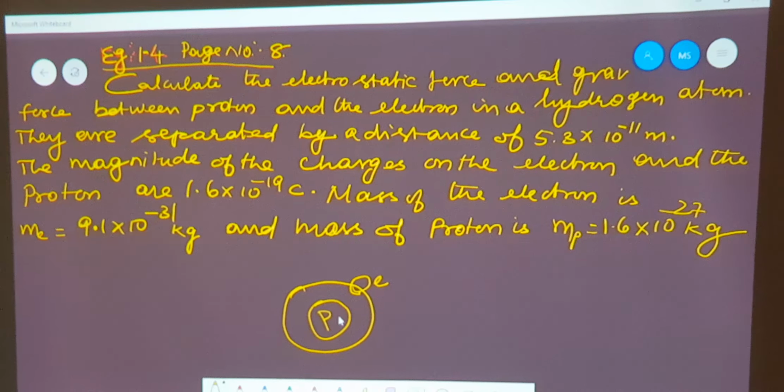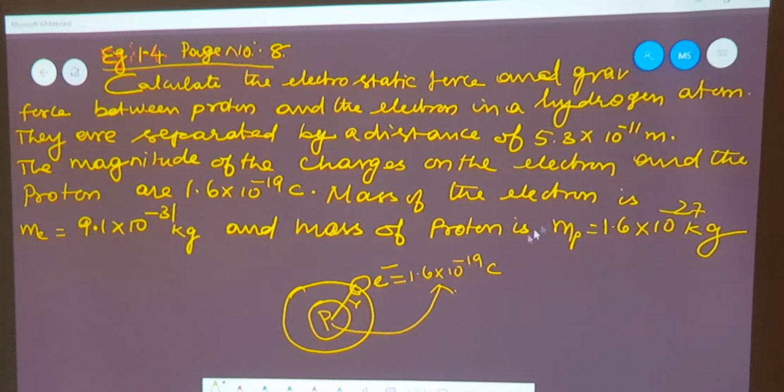So this is the electron, this is the proton, and they are separated by a distance. Let us consider it as r, that is 5.3 into 10 to the power of minus 11 meter. The magnitude of the charge of the electron is 1.6 into 10 to the power of minus 19 coulomb. Charge of the proton is also the same, but the electron is negative and the proton is positive.